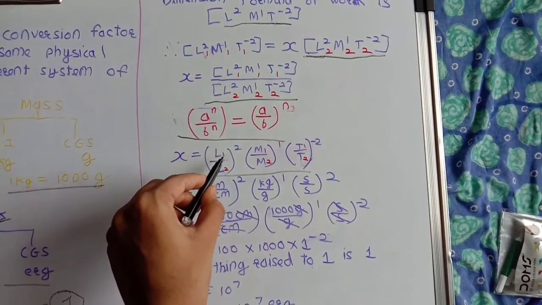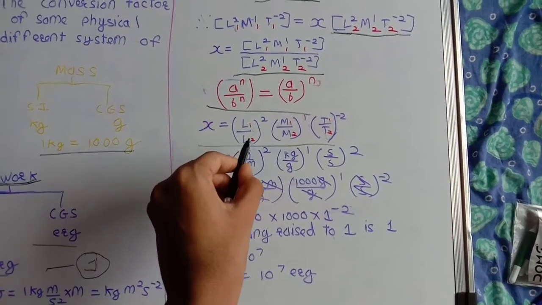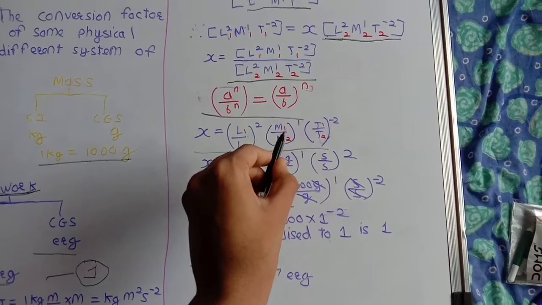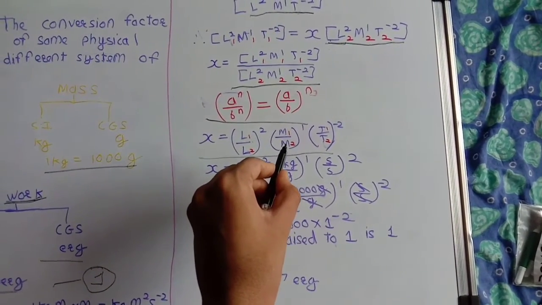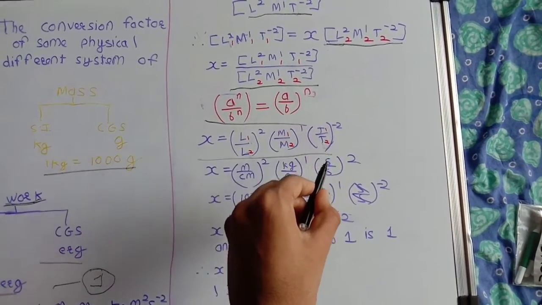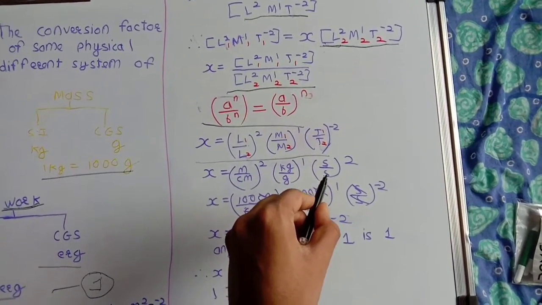Then L1 is the SI unit, so it will become meter. L2 is the CGS unit, so it will become centimeter. M1 is the SI unit, so it will become kilogram, and M2 is the CGS unit, so it will become gram. T1 is the SI unit, so it will become second, and T2 is the CGS unit, so it will also become second.